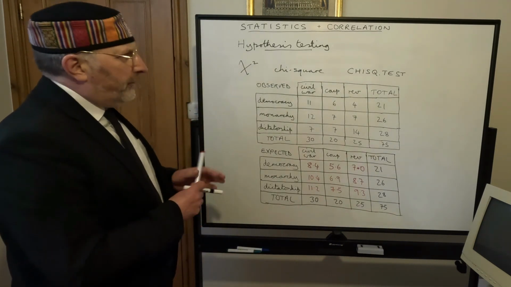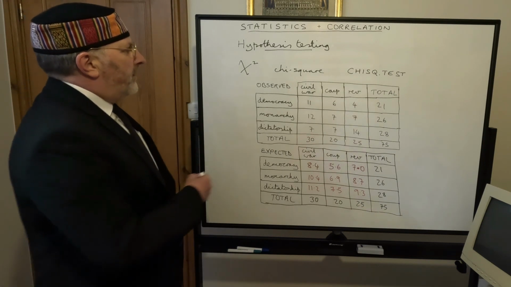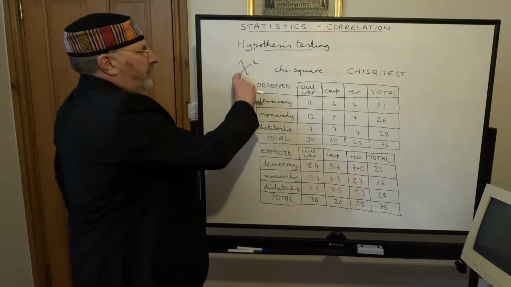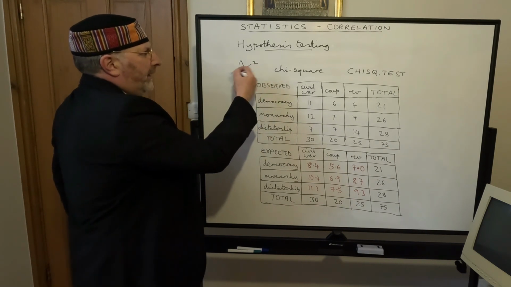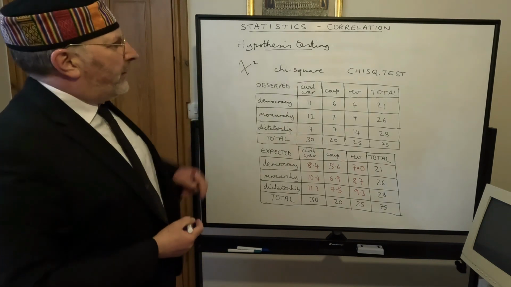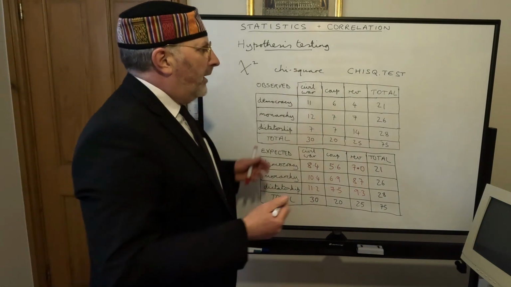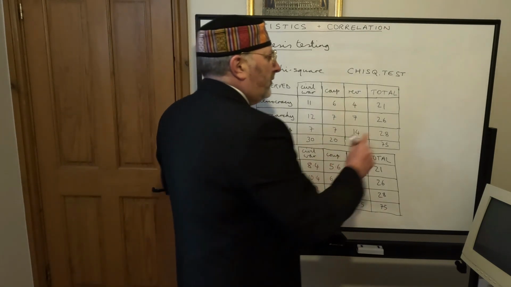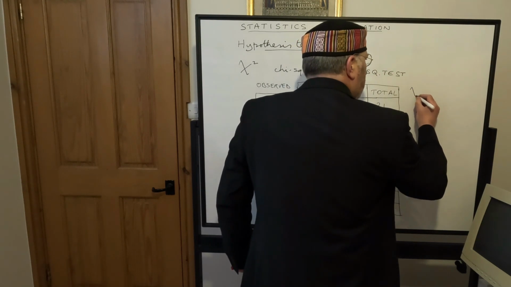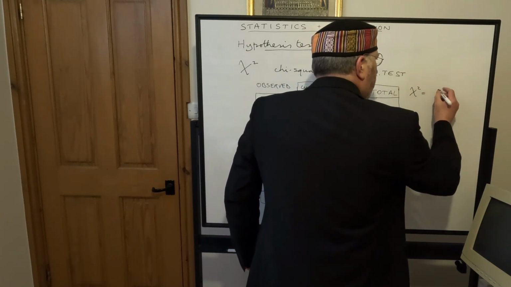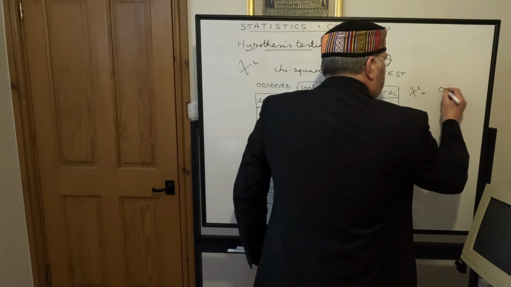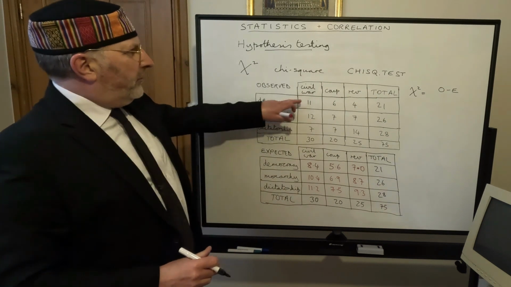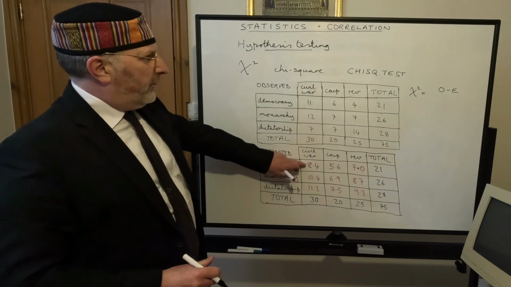And now we want to construct the chi-squared statistic. I should have said that chi is the Greek letter, kind of an X, pronounced with a hard h. And the chi-squared statistic is defined as, firstly, we take the observed value minus the expected value.